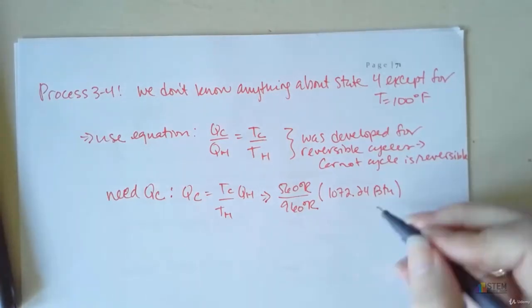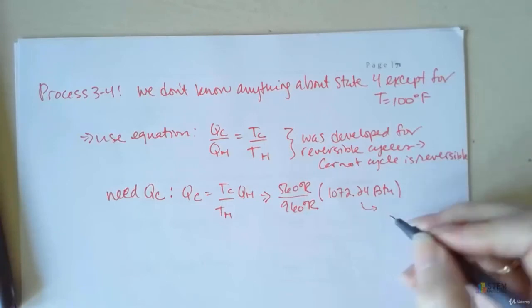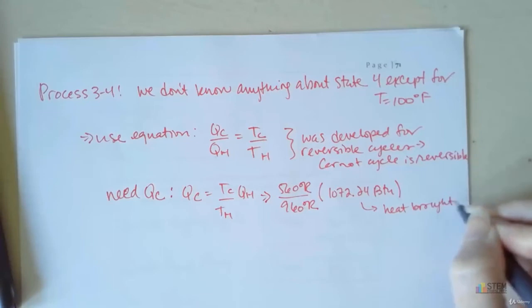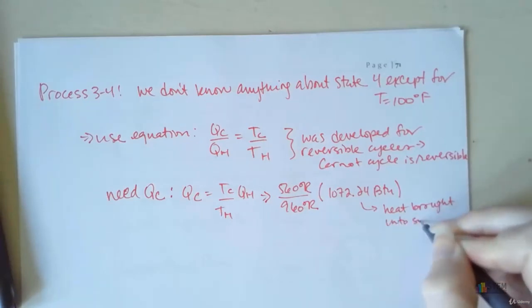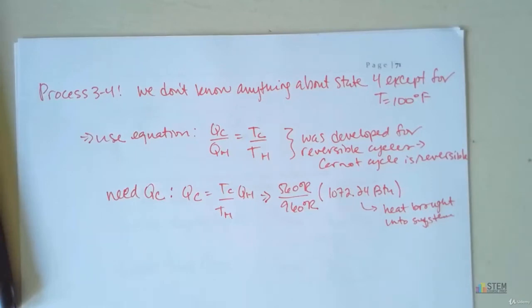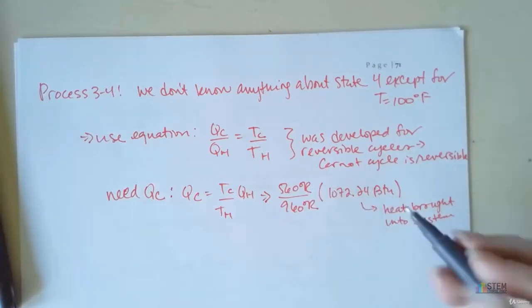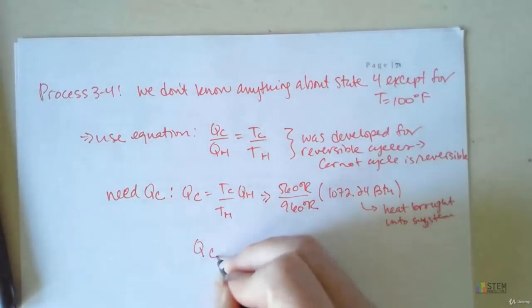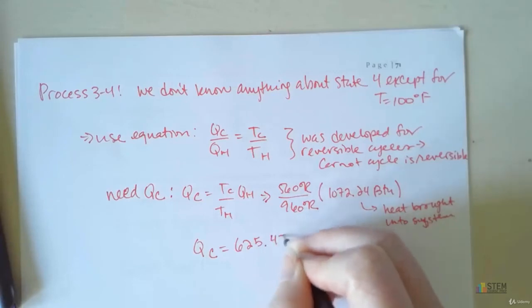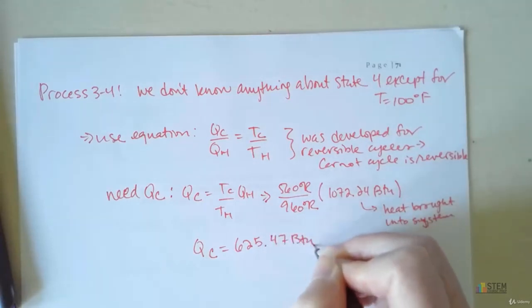Okay, so remember this was the heat brought into the system for process 1, 2. Now that we've got this, we can find QC. And you get 625.47 BTU.